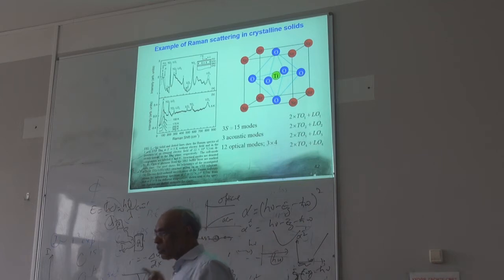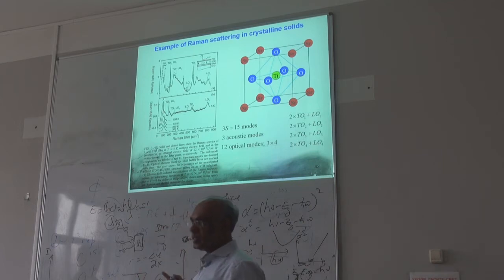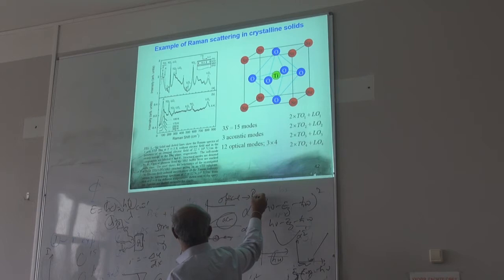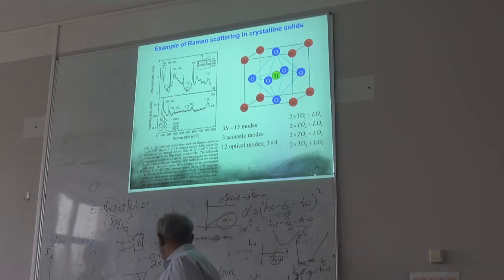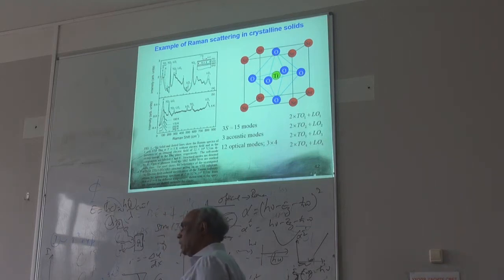There's a spectroscopy called Brillouin scattering, to probe the acoustic modes, but optical is what we use for the Raman. So Raman optical modes also can be transverse or longitudinal.